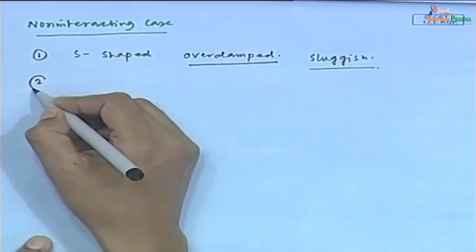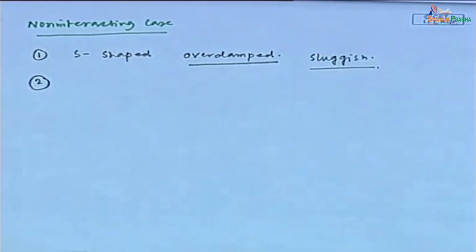Second one is increasing the number of capacities increases the sluggishness of the response.